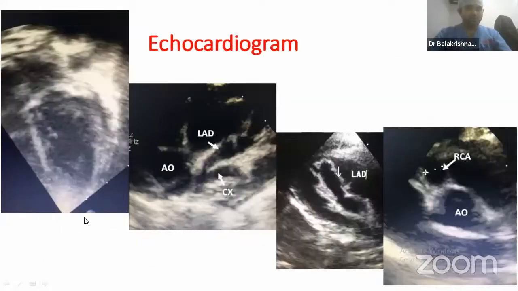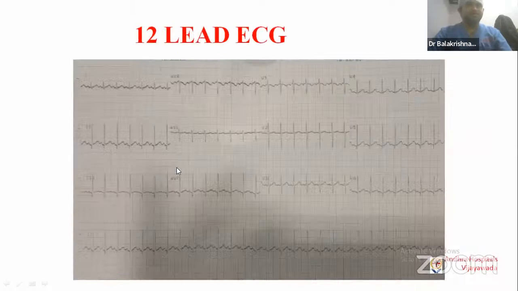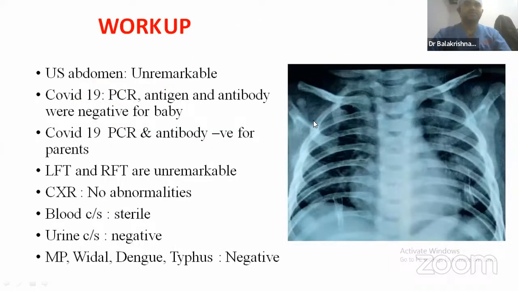As someone has pointed out, initially, as you go back to the history, whenever you suspect fever with rash, don't take it lightly. Someone has pointed out atypical Kawasaki. Sir, can you tell why you suspected atypical Kawasaki in this particular child?